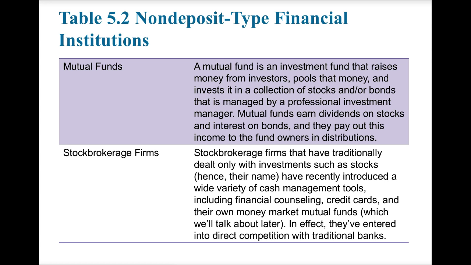Now, let's talk about mutual funds. Mutual funds are separate companies, and they can take investments or funds directly from investors to invest in pools of money that invest in collections of stocks or bonds. Most mutual funds are professionally managed and pay dividends or interest on their stocks and bonds to investors.